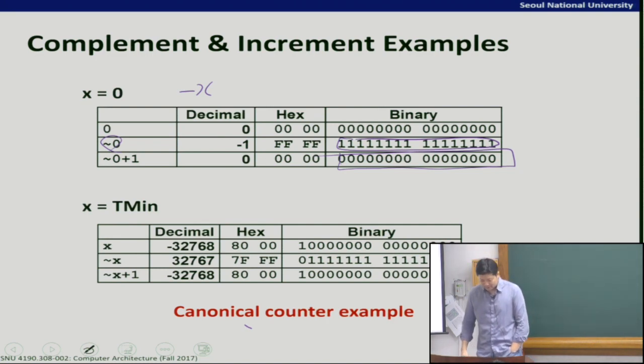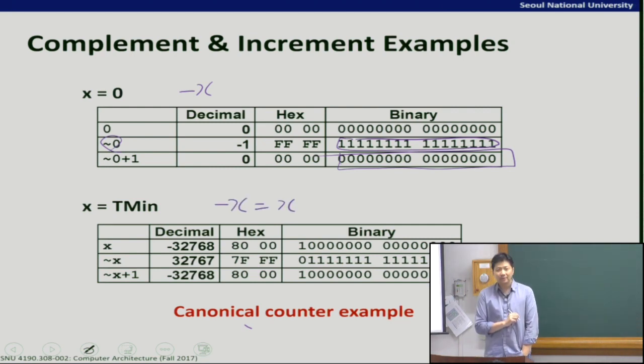An interesting case is if x is t-min, then minus x is still x, right? As we talked about when you solve this integer quiz. Here, the minimum number t-min is obtained by setting the MSB to 1 and the remaining bits to 0.